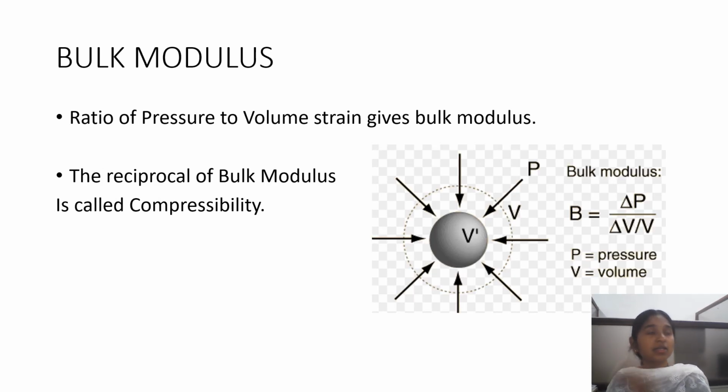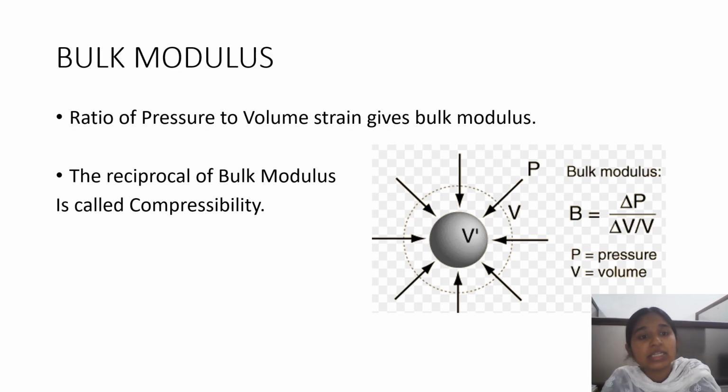So next, it is bulk modulus. Bulk modulus is the ratio of pressure to the volume strain. See, when you consider the word bulk, it seems to feel like something which has volume. So when it's volume, instead of stress, we use the word pressure. And for strain, it is volume strain.